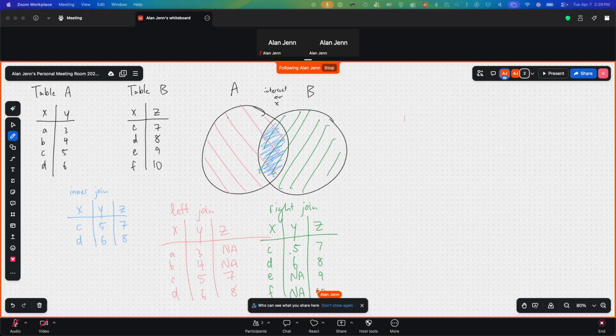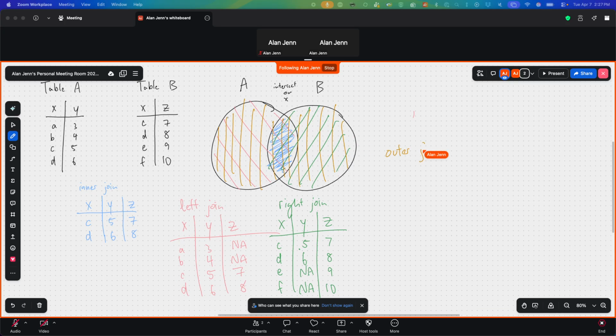Okay, so I have my inner join, I have a left join, I have a right join. I also have an outer join. And that would look like everything. My outer join will contain values preserved from both tables.